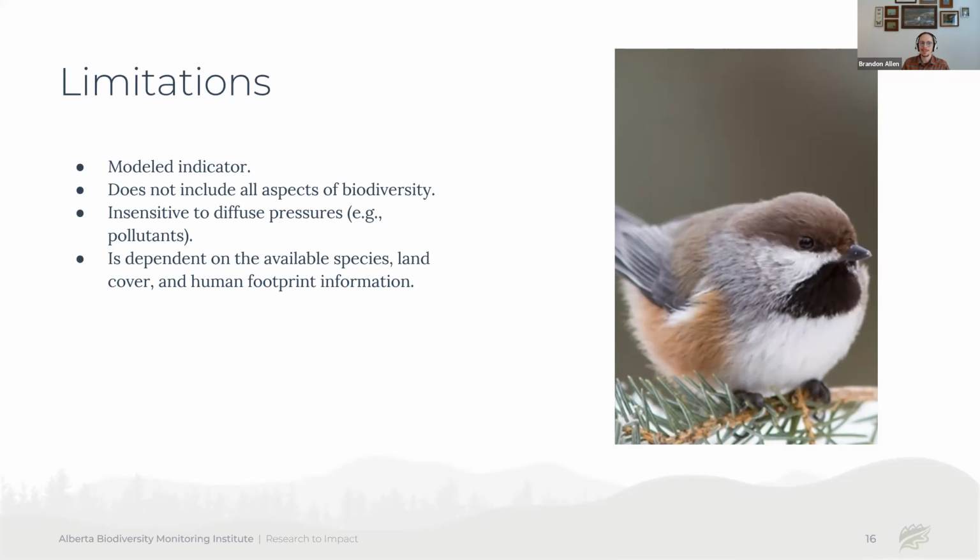So there always is a bit of wiggle room, and improvements are always happening to minimize the amount of error in those data sources. But it's good to acknowledge that this is not a perfect representation of biodiversity on the landscape. It is just one measure that can be used, and I would argue should be used, to help inform management decisions.